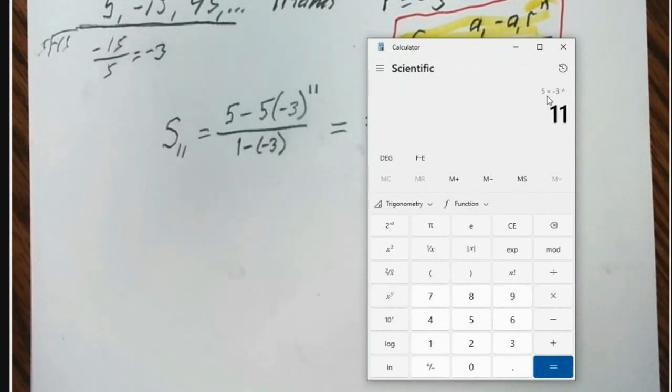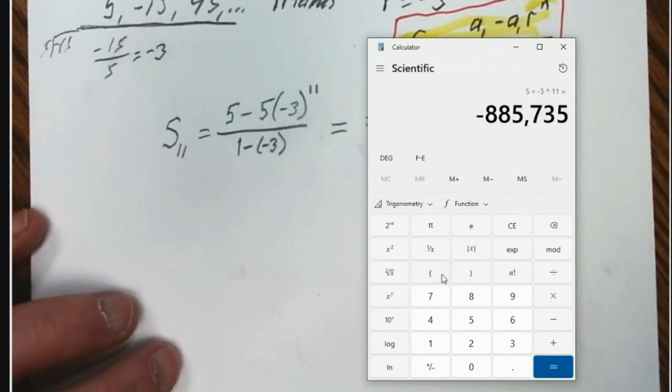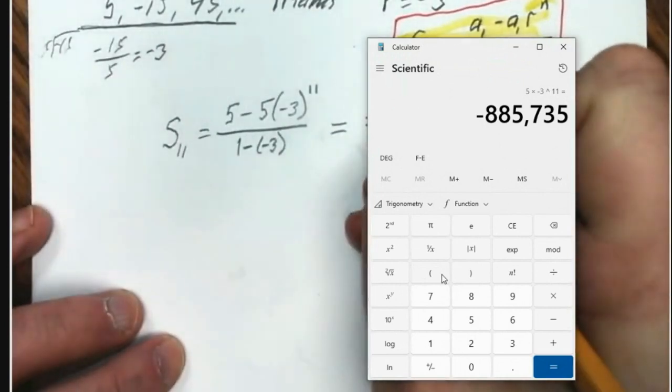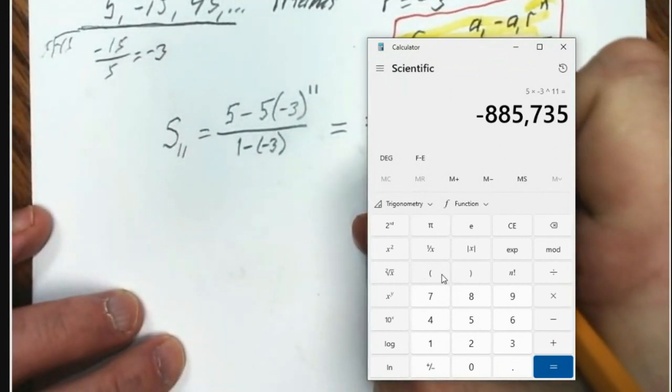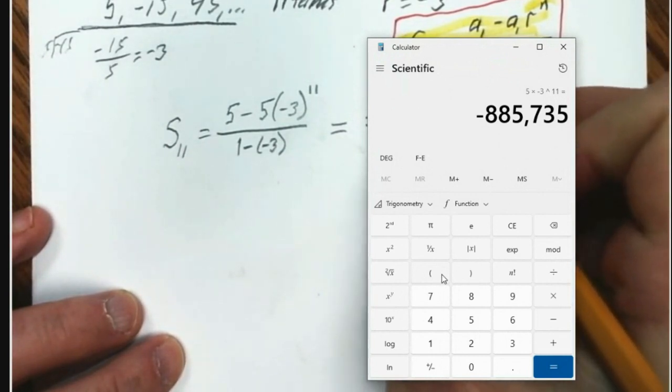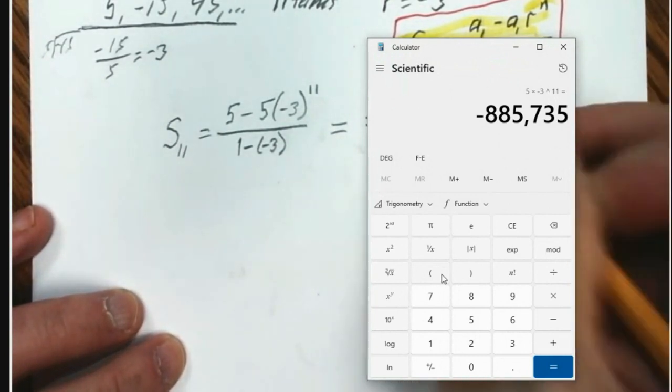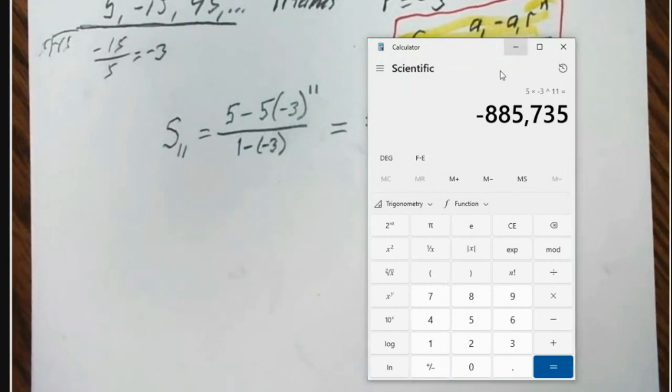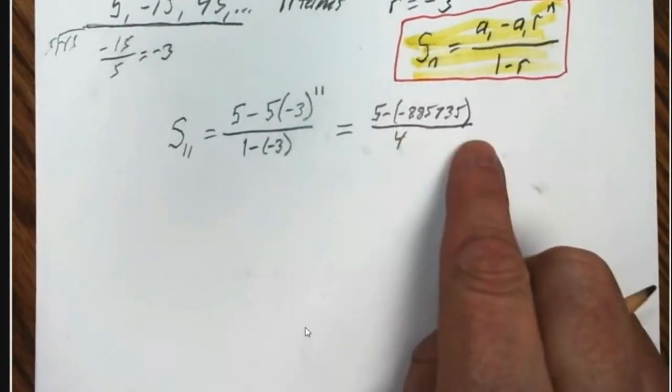The 5 times negative 3 raised to the power of 11 is a big number. That is negative 885,735. Okay, let's move this. Had to make our line bigger.